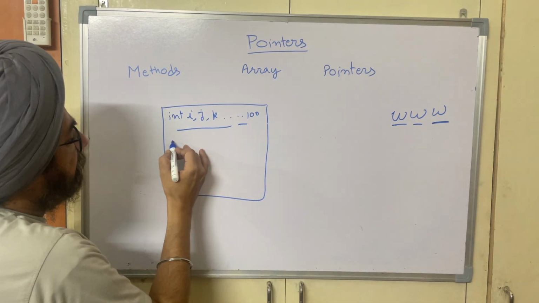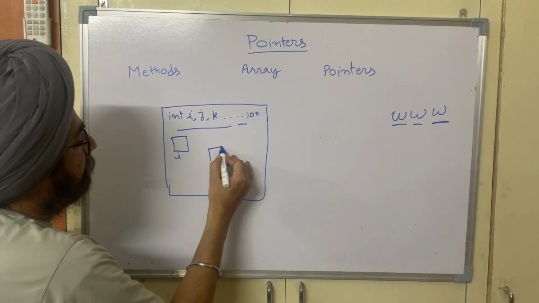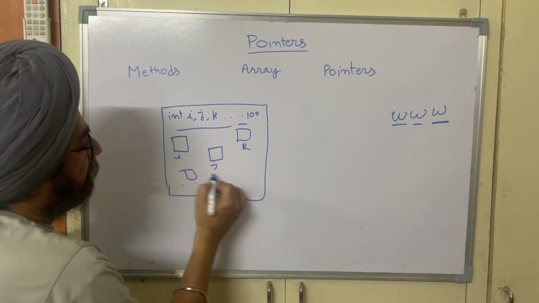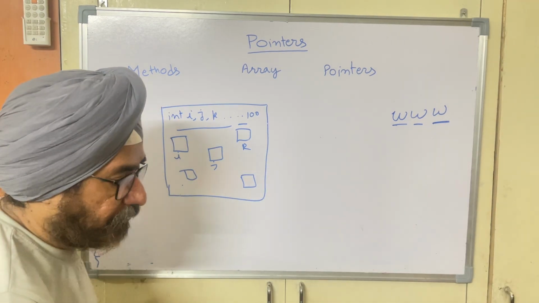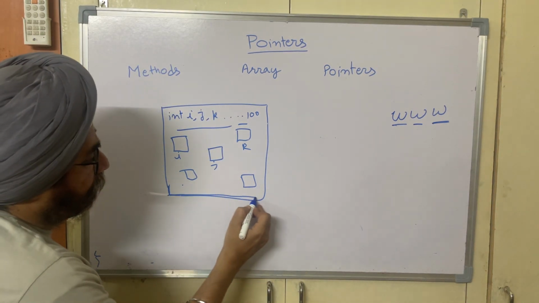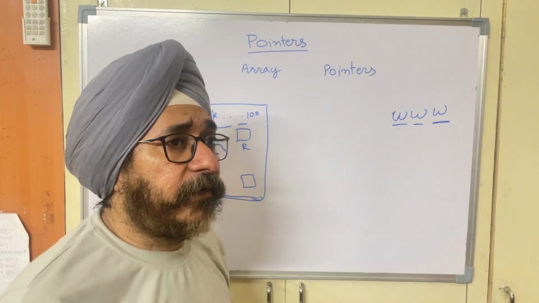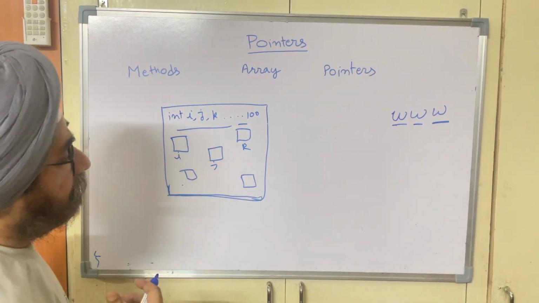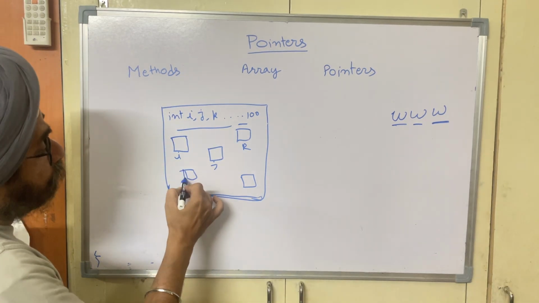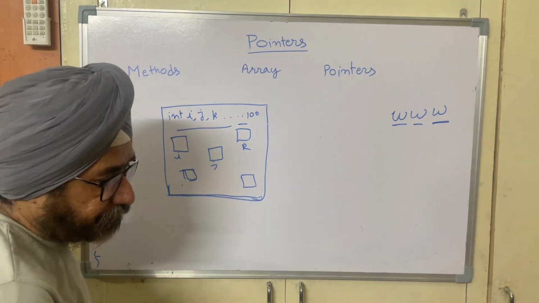So memory can hold them in such a way: it is for i, it is for j, it is for k, and in different ways the space is filled with these memory locations. But it is very tough for the CPU to search for particular items from one place to another place.